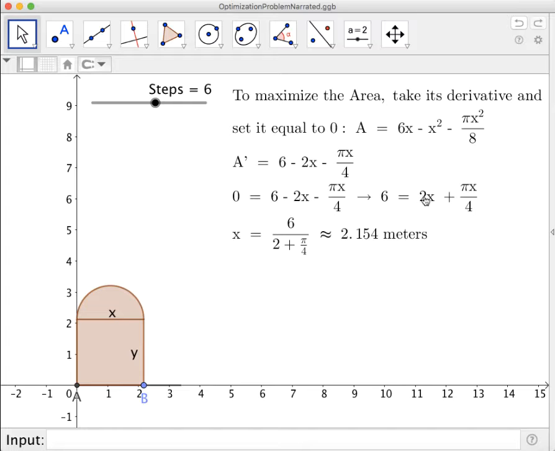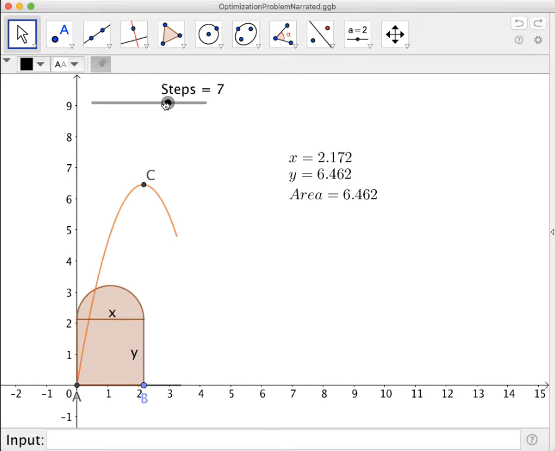When we factor out the x here, we divide both sides by 2 plus pi over 4, and that gives us our value of x, approximately equal to 2.154 meters. And so that's the value of x that gives us our maximum area.